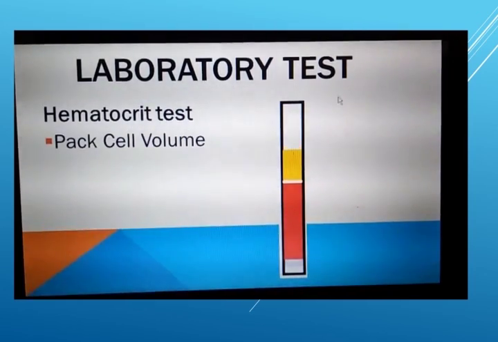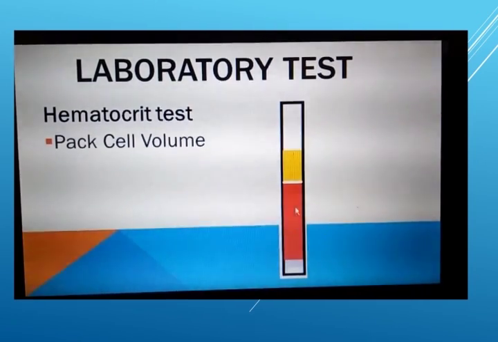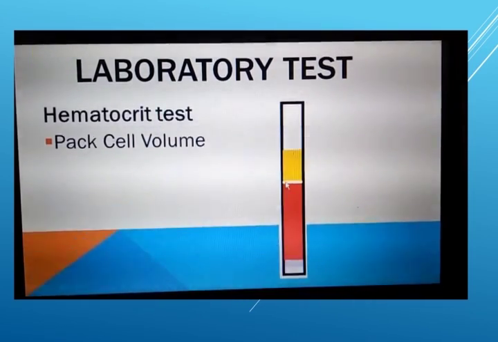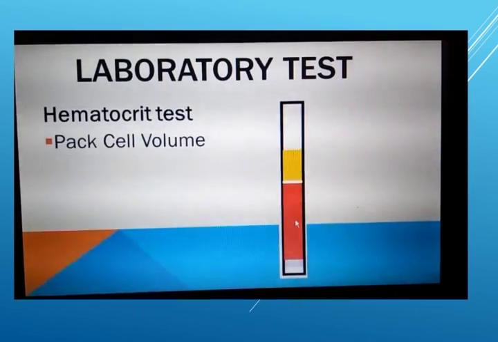This is what it looks like when we centrifuge a micro hematocrit. The part that is being measured for the packed cell volume is this red part.